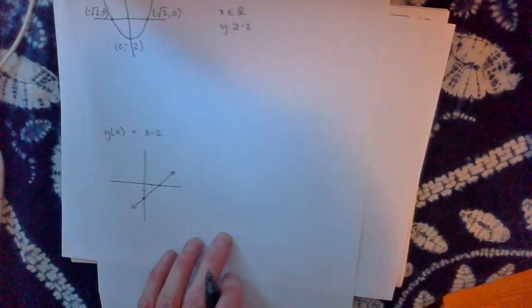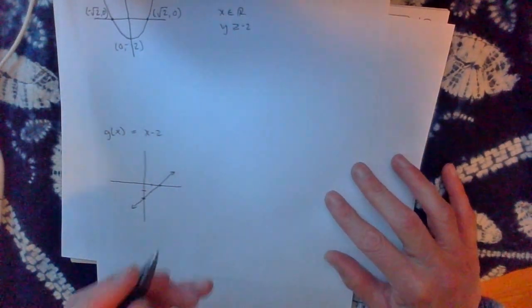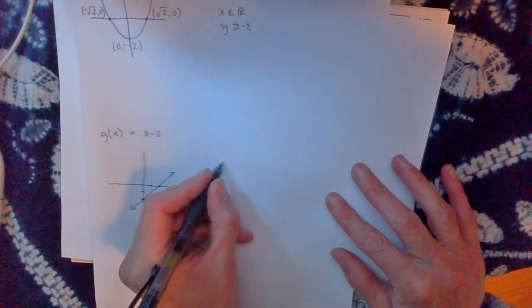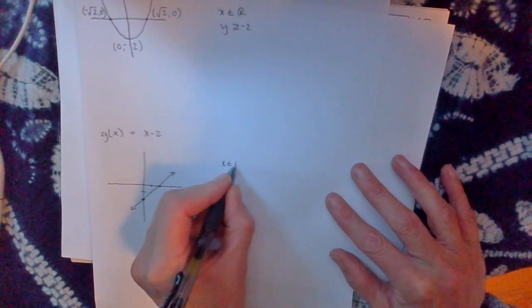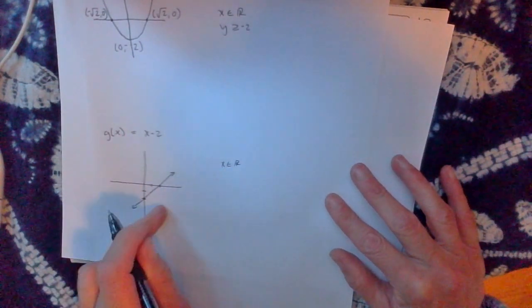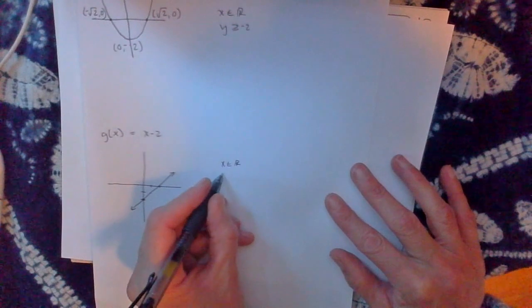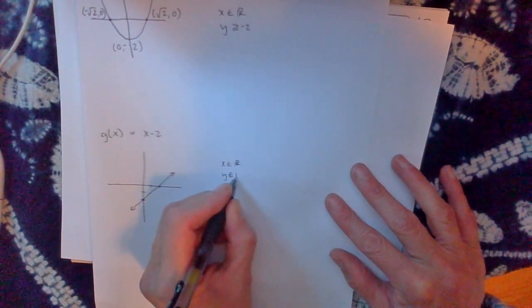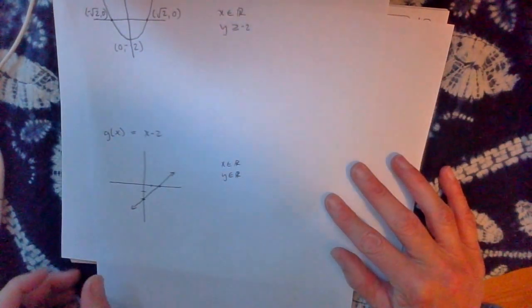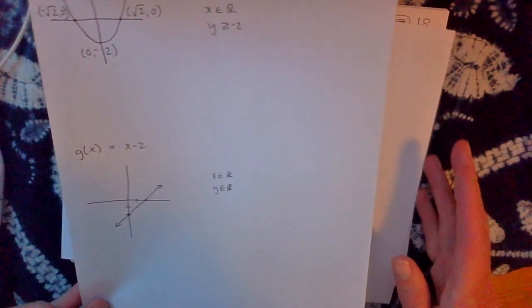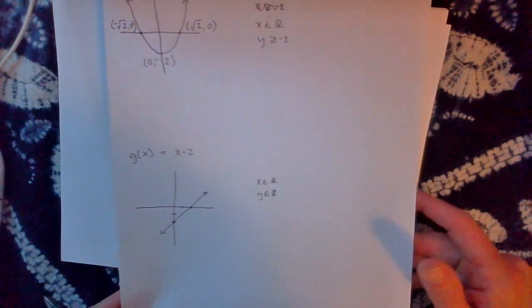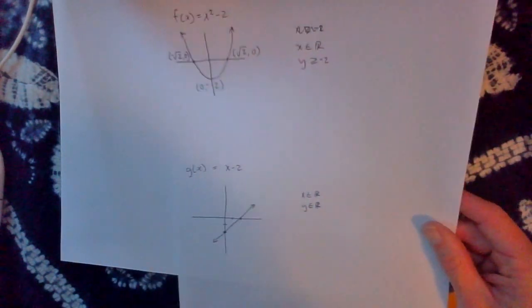And g of x is x minus 2. Its domain, x can be anything, negative, positive, 0, and y can also be anything. So we're on pretty safe ground here. We don't have any strangeness with domain and range restrictions.